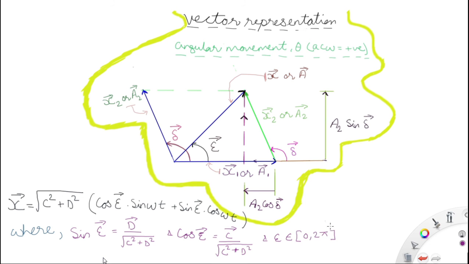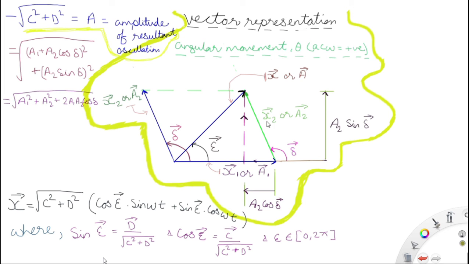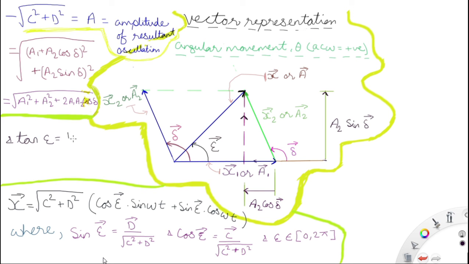Now we will just put in from the triangle. Okay, so sine cos, you know. delta is the phase difference, and A1 A2 are the amplitudes of the SHMs caused by forces F1 and F2 respectively.